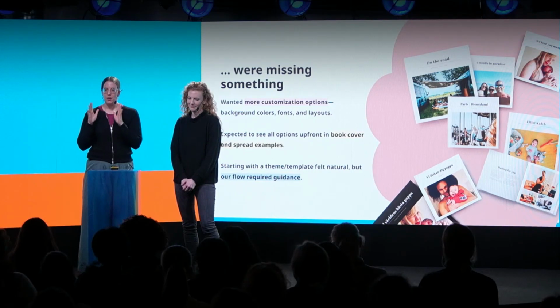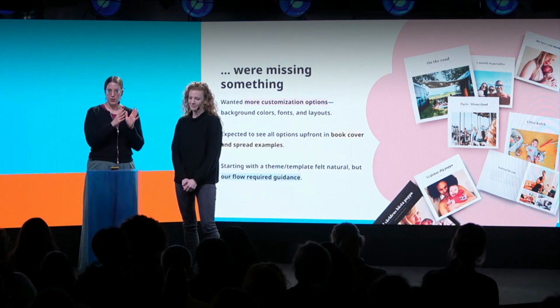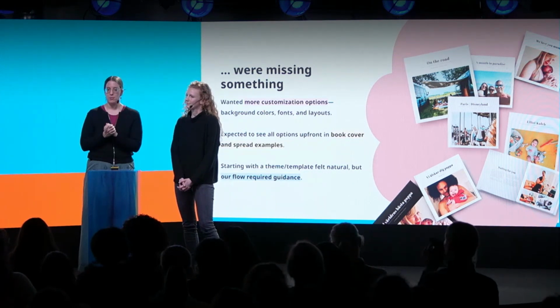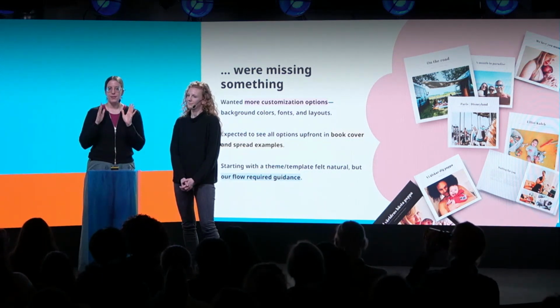But some other user tests that were focused on the very beginning of the user journey also showed us something else. And it's that people were lacking inspiration, examples of our photo books, examples of all our customization options and all the different looks that they could give to their covers or their spreads.